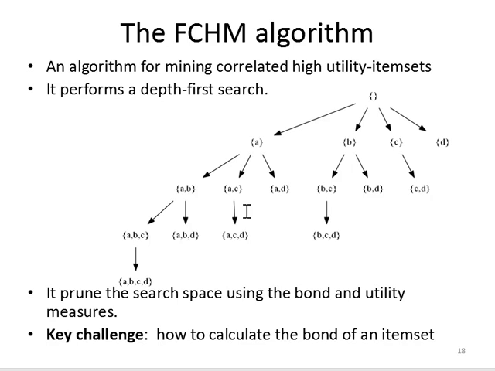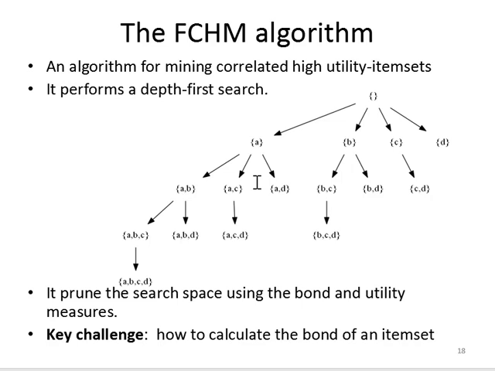Now, as in the other high utility itemset mining before, we use an upper bound on the utility to eliminate some possibilities. So when we do the depth first search and we are at itemset A, we calculate an upper bound on the utility of A to decide whether we need to look at the extensions of A, the subtree below A, like AB, AC, and AD.